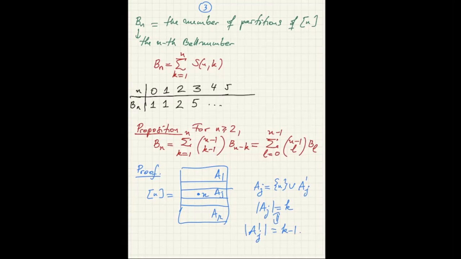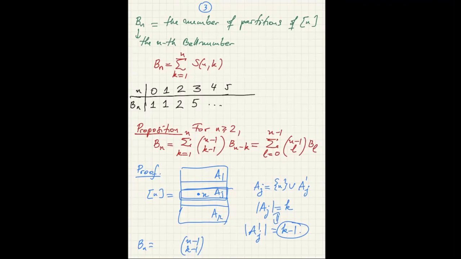So now when we count Bn, when we do the calculation for Bn, okay, let's choose the k minus 1 elements here that we will add to the element n. So that can be done in n minus 1 choose k minus 1 ways. And what do we have?